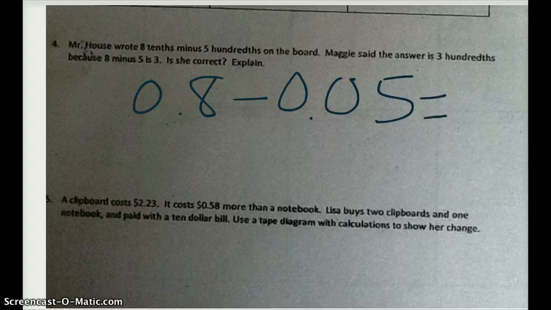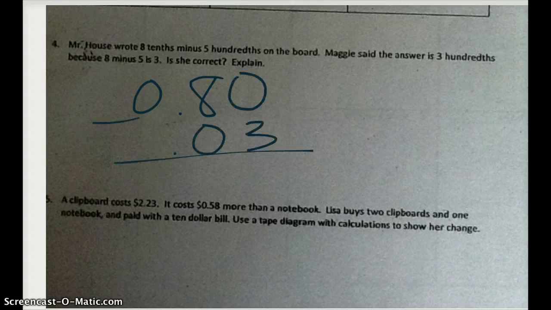does that equal 3? No, because you are not subtracting like units. If it was 5/10, yes, it would equal 3. But for this case, it is 5/100. So I'd want you to stack your numbers and subtract. Remember, 0.80 is the same thing as 0.8.